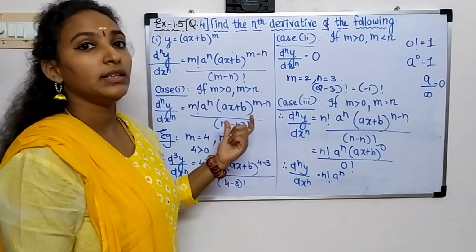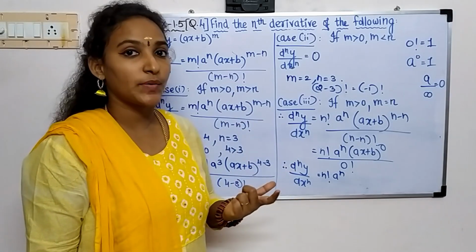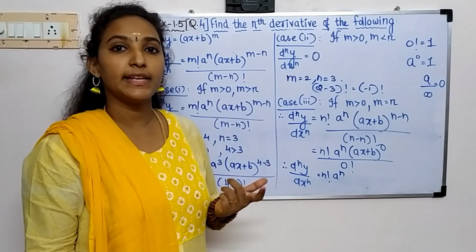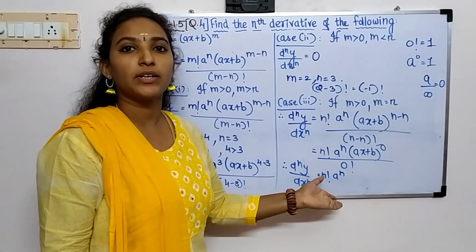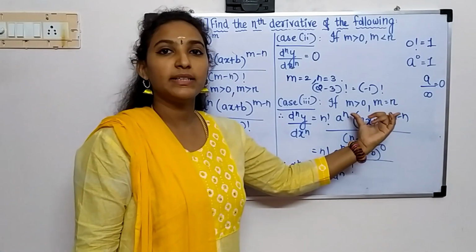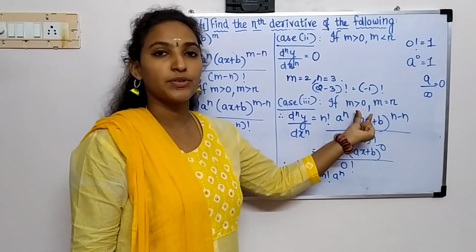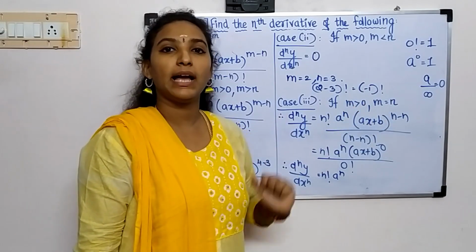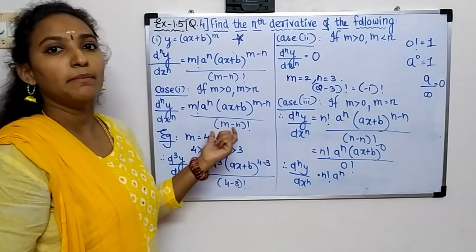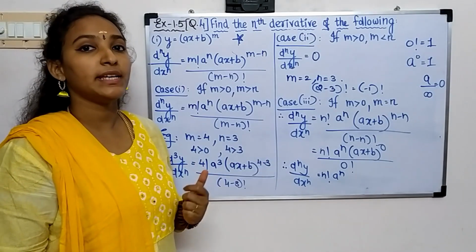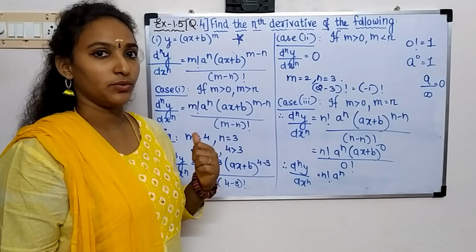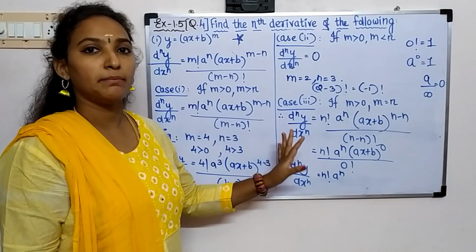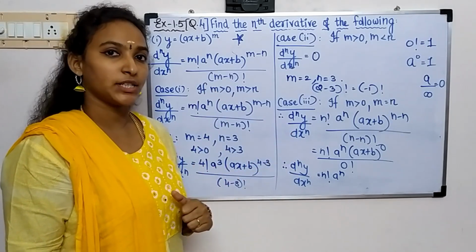No need to solve dy by dx, d square y upon dx square, up to d raised to n y upon dx raised to n. Directly you can write n factorial a power n whenever this is your case, that is m is positive, greater than 0, and m is equal to n. A very important question. I won't say it is easy, but by practice you can get it done easily. So the solution is complete now. Now we can move on to our next question.